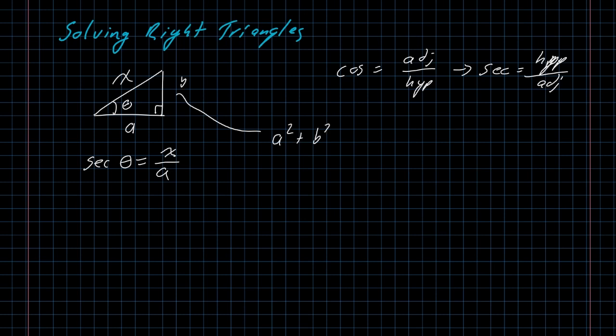A squared plus b squared is equal to x squared, which means that b squared is x squared minus a squared, and b itself is the square root of x squared minus a squared. Yes, technically there should be a plus or minus, but you know by this point that it's a triangle, so it has to be positive. We don't have to worry about it.